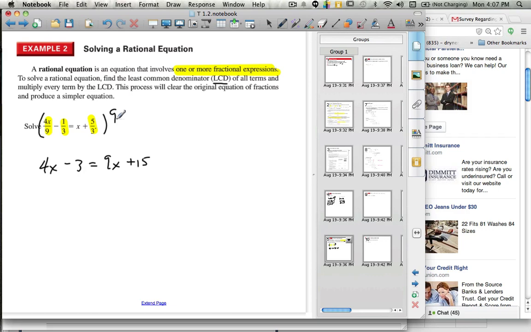Okay, the nice part about multiplying by the least common denominator is that all the fractions go away. And that leaves us with something simpler to deal with. So I'm going to subtract 4x, and I'm going to subtract 15, and then I'm going to divide by 5.